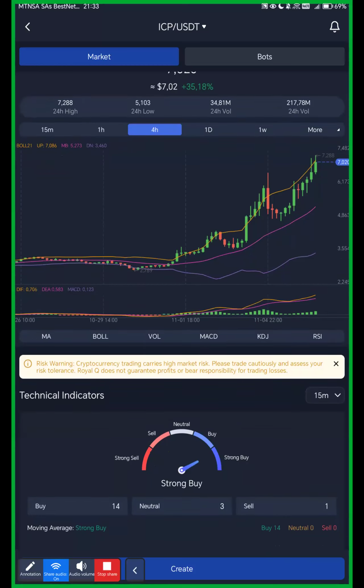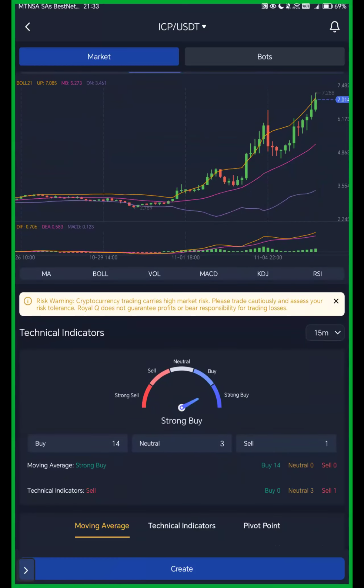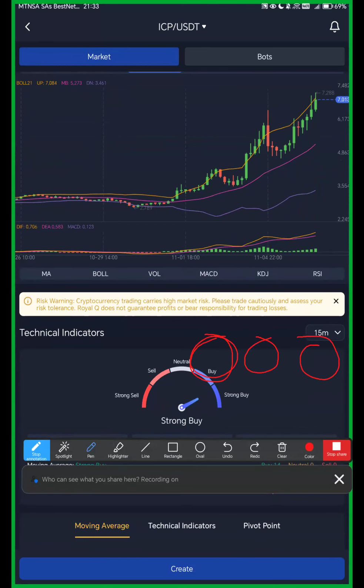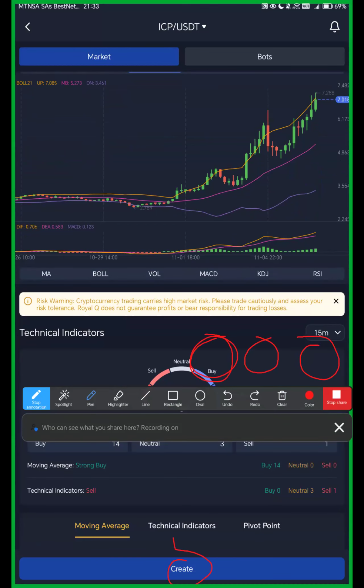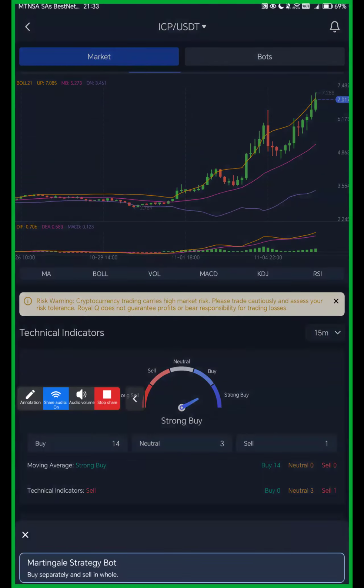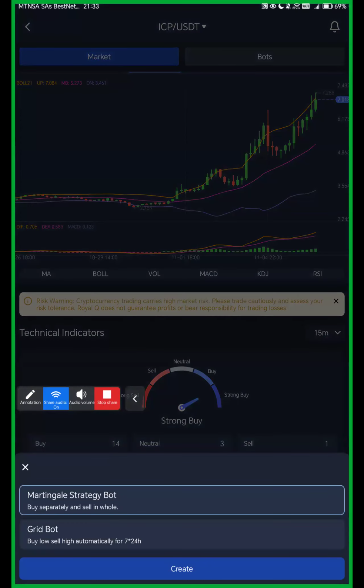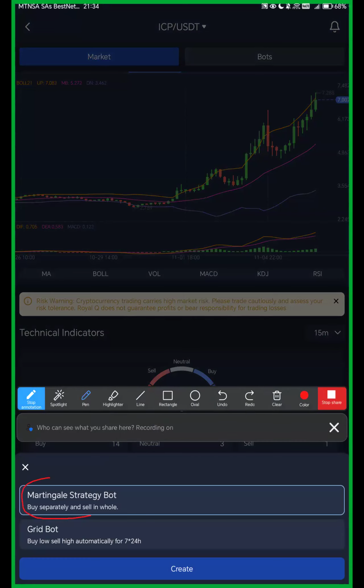Now, let's set the MACD indicator. How do we set it in our Royal Q robot? We are going to tap on create. Then remember, we are trading with the Martingale strategy bot. The robot that we normally trade with is the Martingale strategy bot.